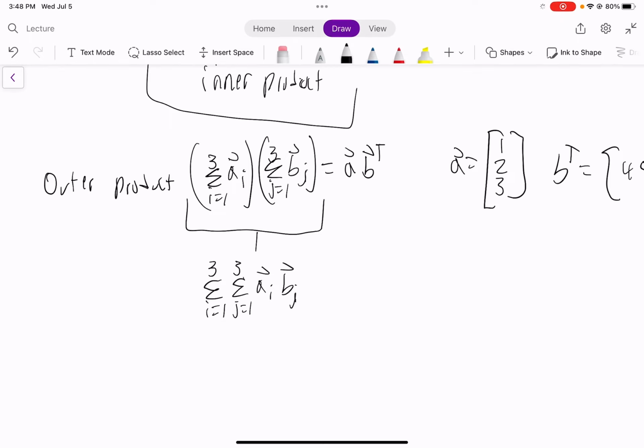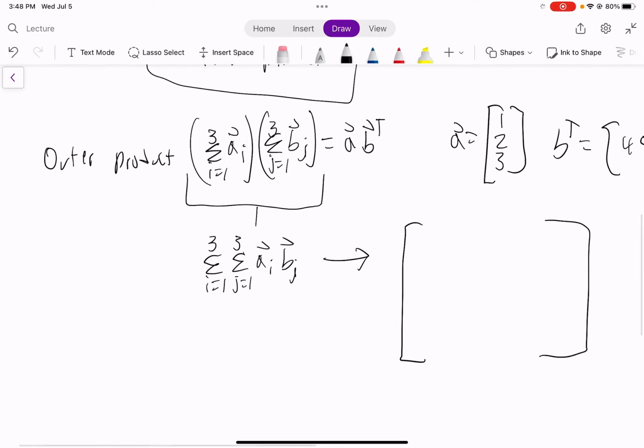Okay? So what are we doing here? This is how I like to see it. I was never taught how to read a double summation, but this is how I do it, okay? First, let's set up a matrix here. So we first iterate this one time.